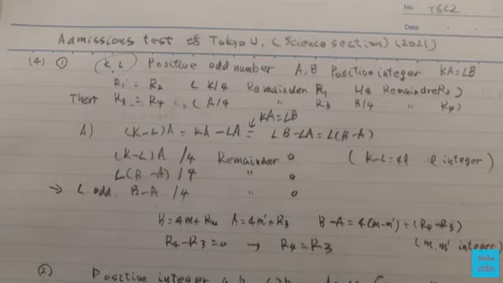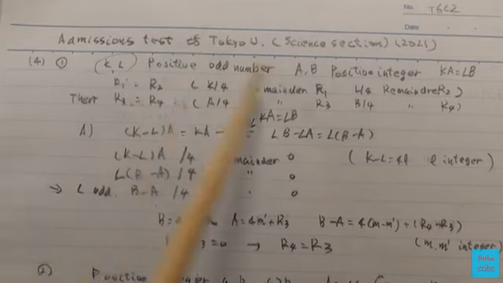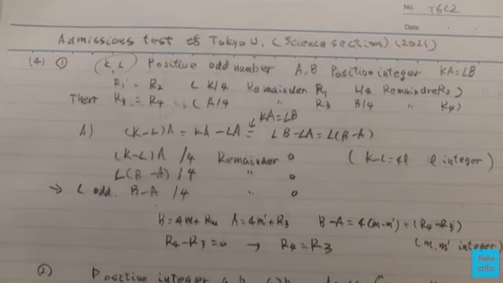L is a positive odd number. Then B minus A divided by 4 has remainder 0. Okay.